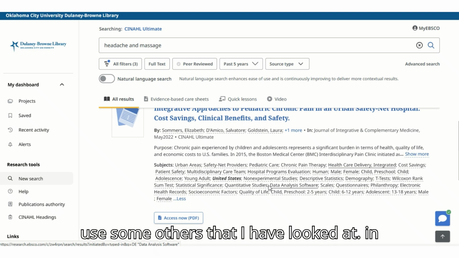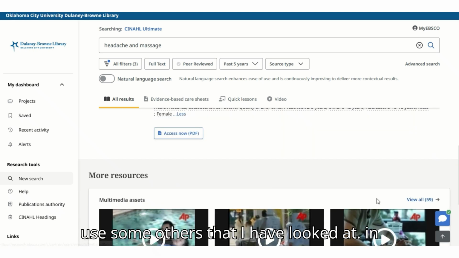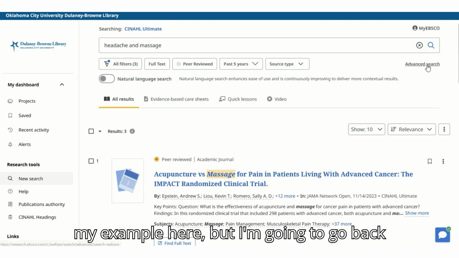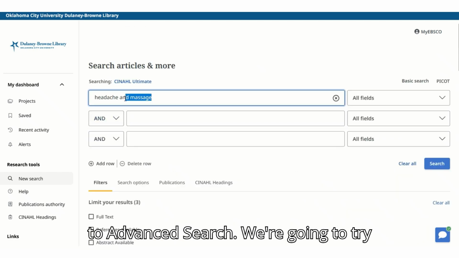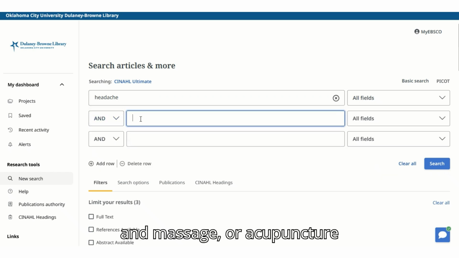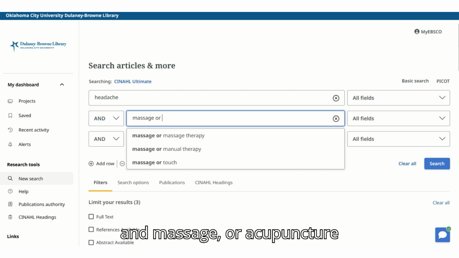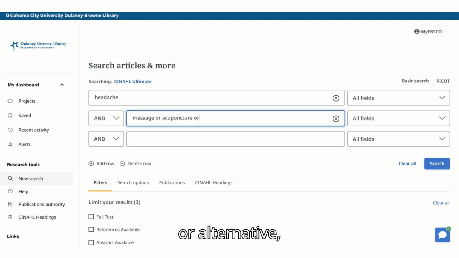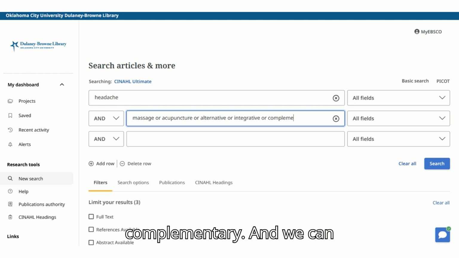And I'm going to use some others that I have looked at in my example here, but I'm going to go back to advanced search. We're going to try first headache and massage, or acupuncture, or alternative, or integrative, or complementary.